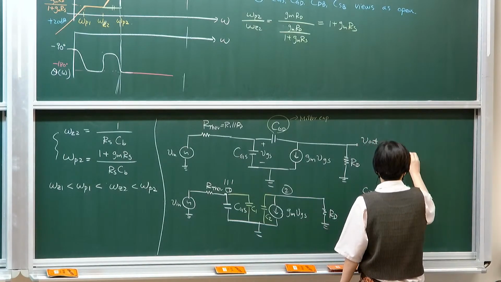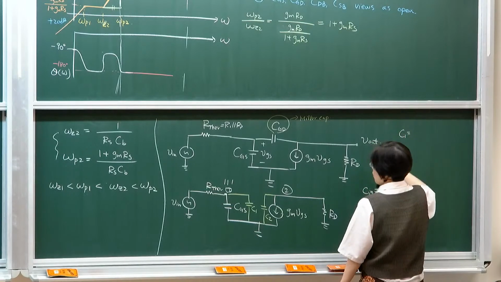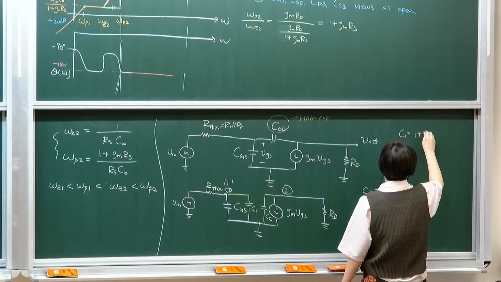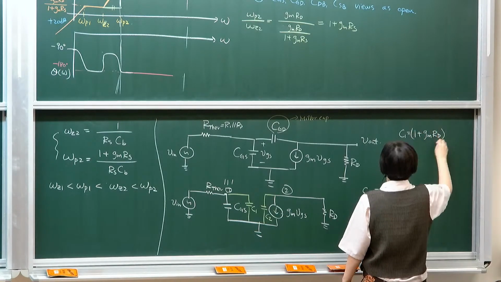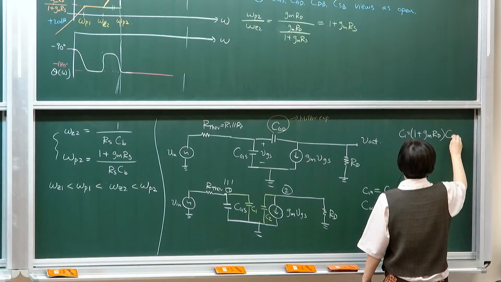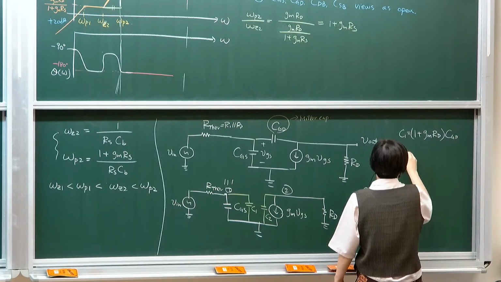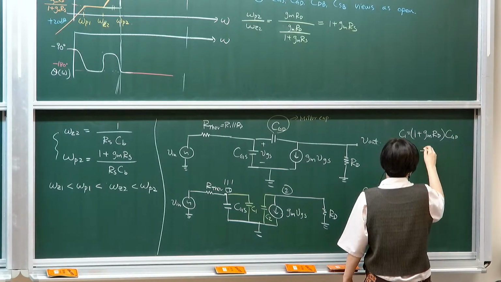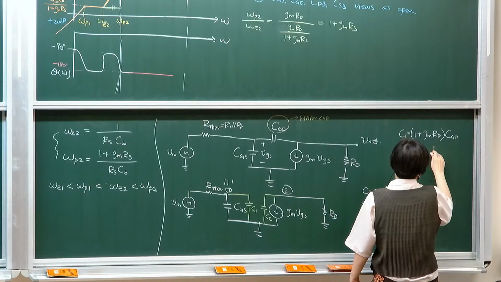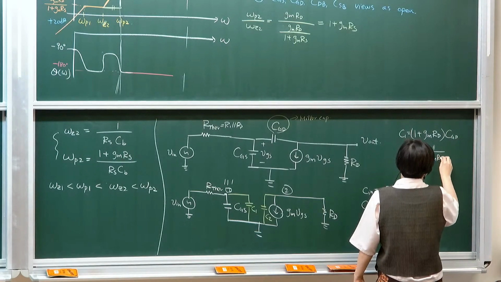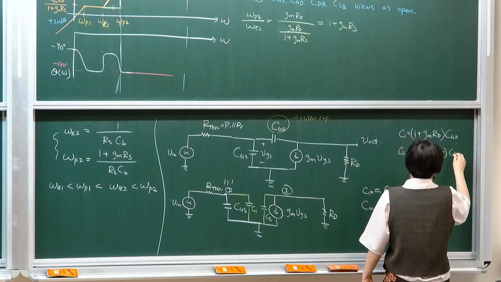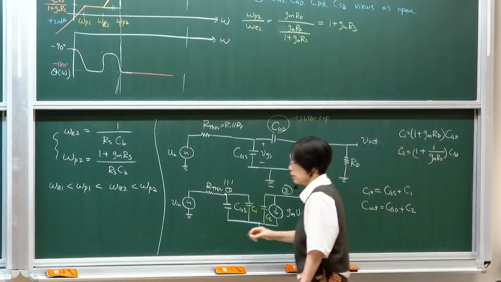Where C1, by the Miller effect, is (1 plus gm RD) times CGD. C2 will be approximately CGD. Okay?